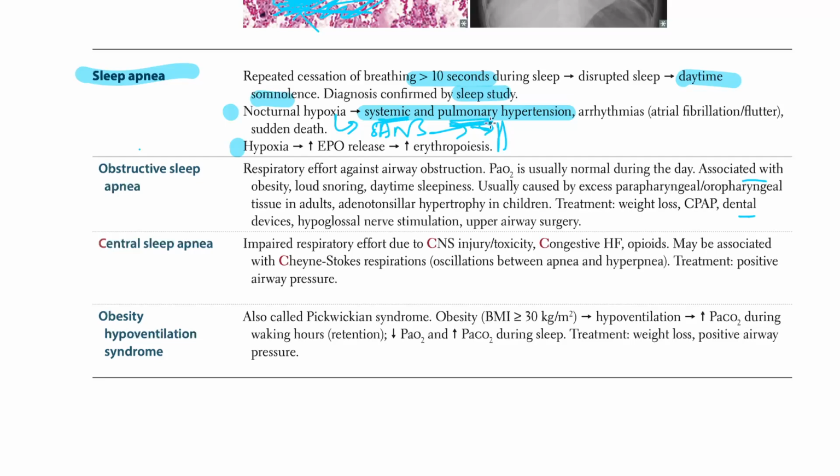Why would you develop pulmonary hypertension? Because hypoxia itself causes vasoconstriction within the lungs. Okay, so that's high yield. On top of that, because of that hypoxia, you're going to increase your EPO release, causing increased erythropoiesis.